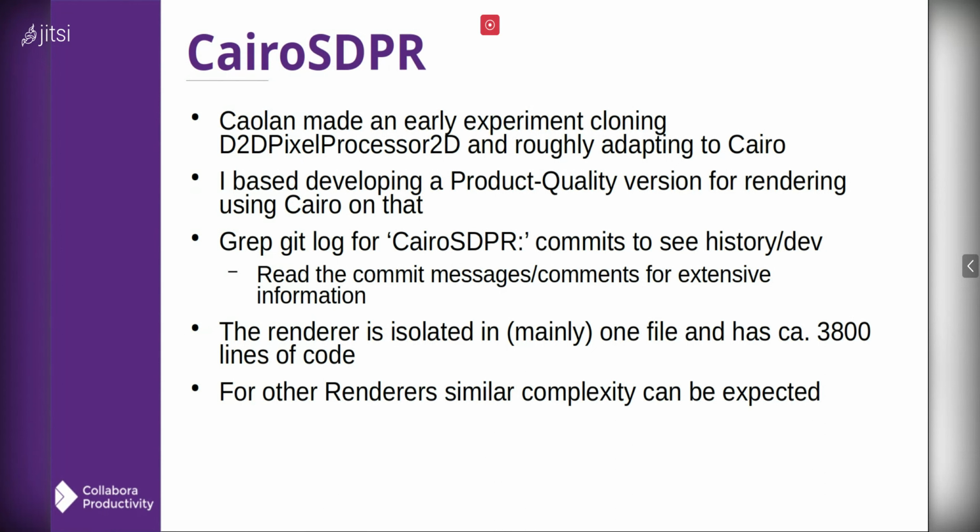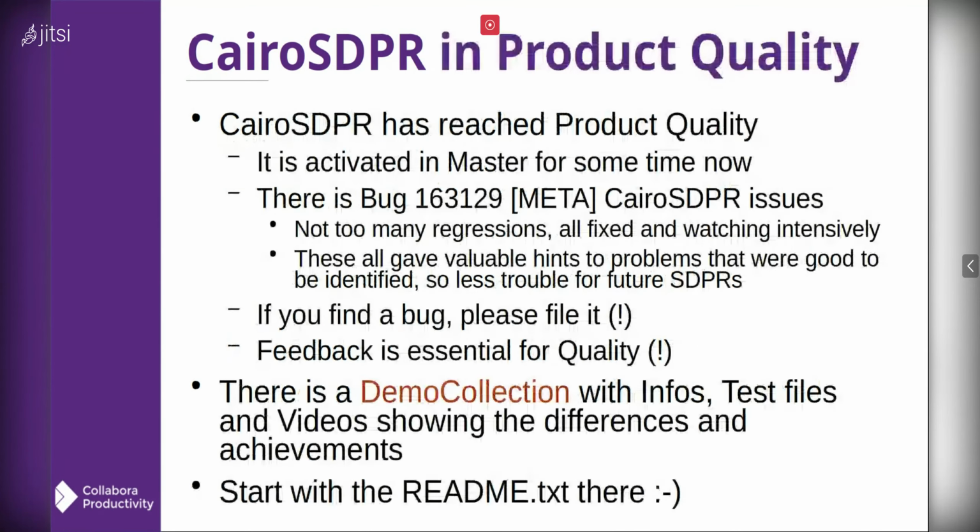Sounds bad from the design, but in this case, it's by purpose to have it in one file, because this file is, of course, only compiled and linked if dev says that Cairo is supported. So for other renderers, similar complexity can be expected.